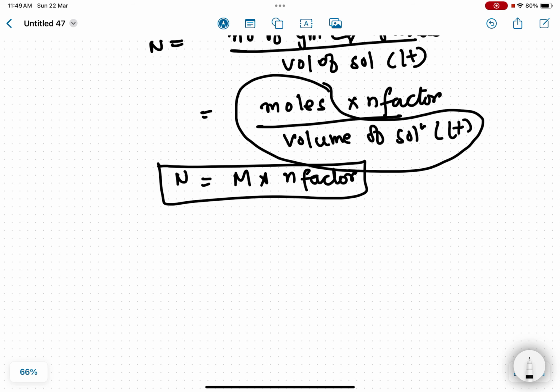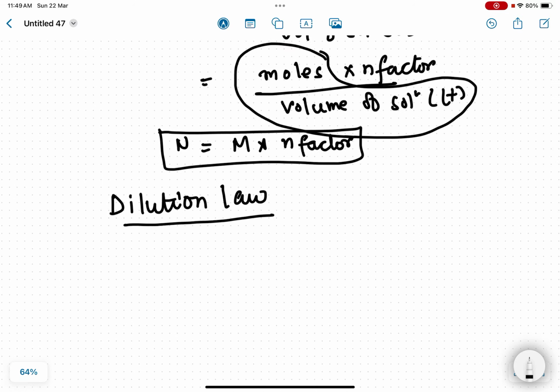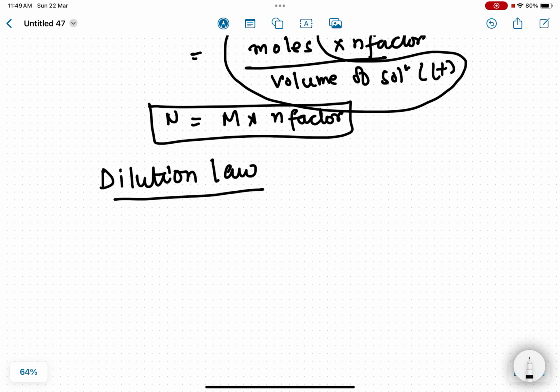Now we will discuss dilution law. What dilution law says is that when a solution is diluted, the number of moles or gram equivalents remains constant over dilution.